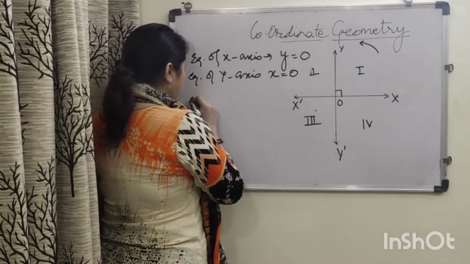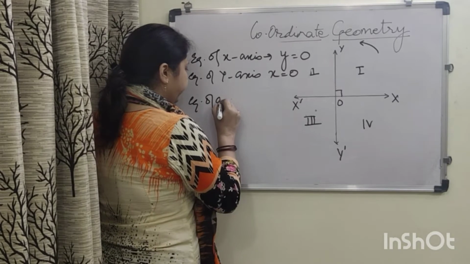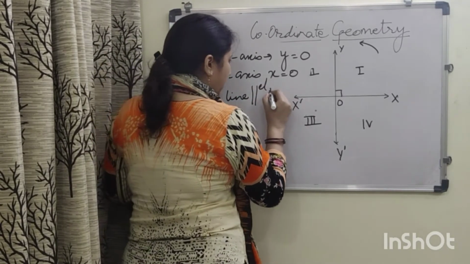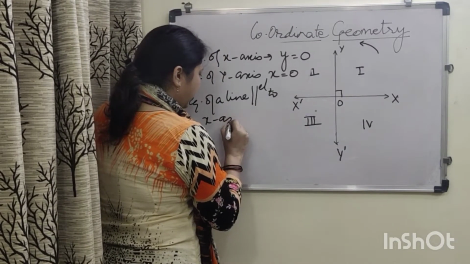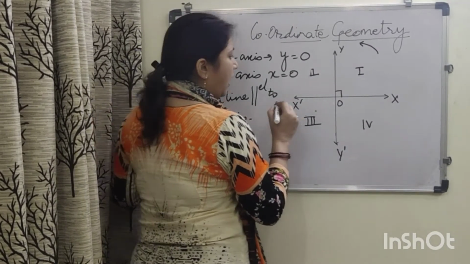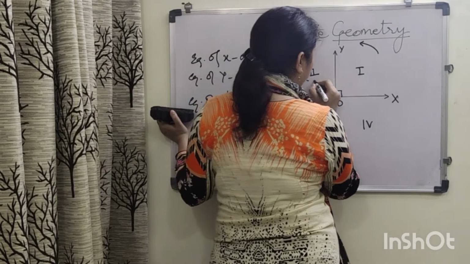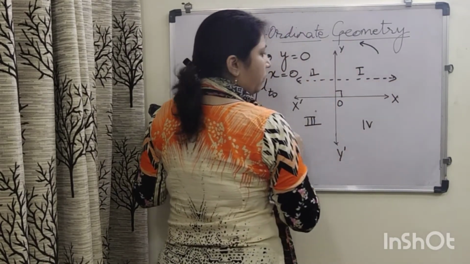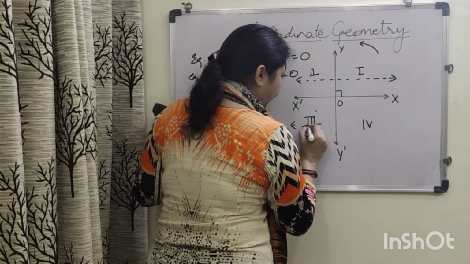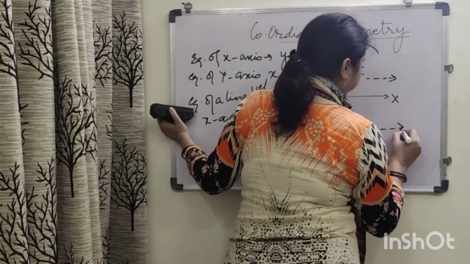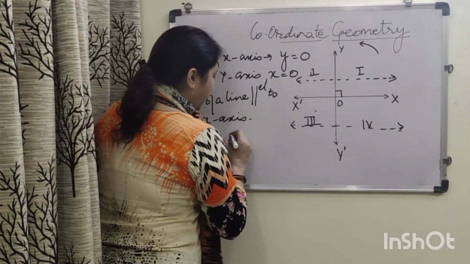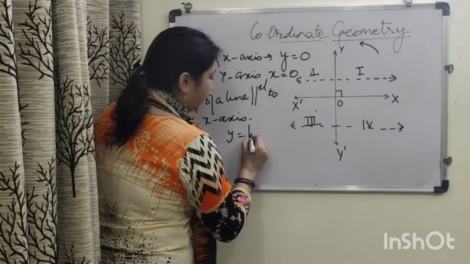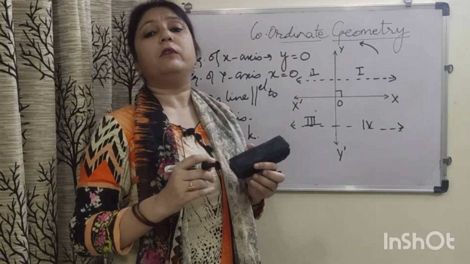Then comes the equation of a line parallel to x-axis. If you draw a line parallel to x-axis, whether on the positive side of y-axis or negative side of y-axis, it will be y equals k.